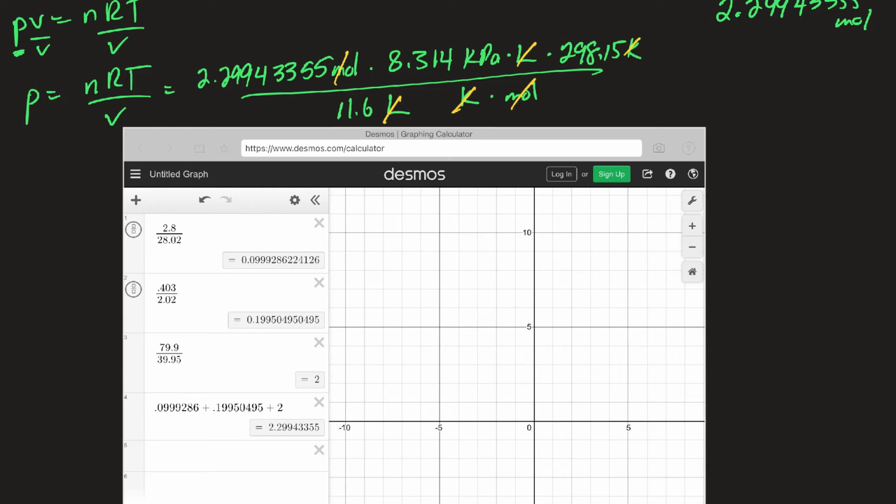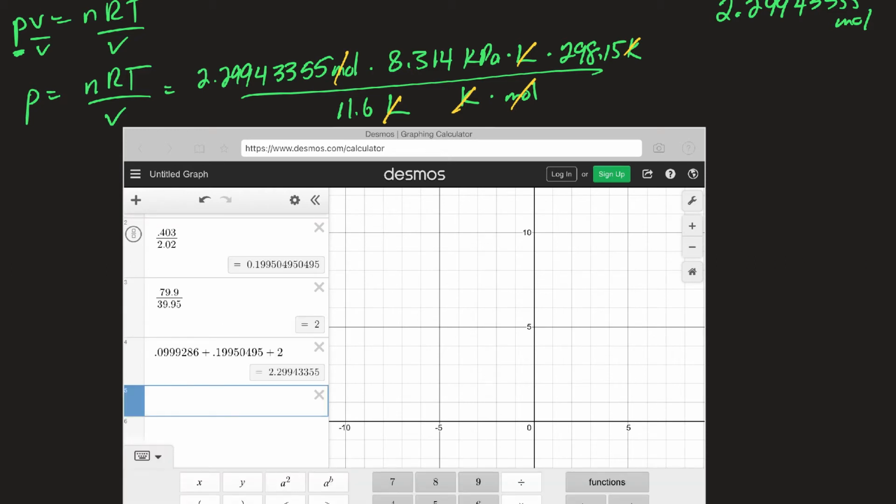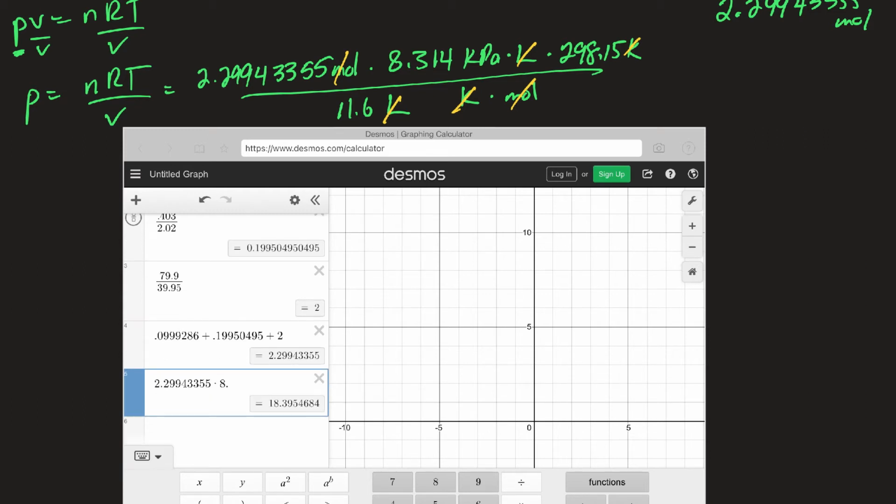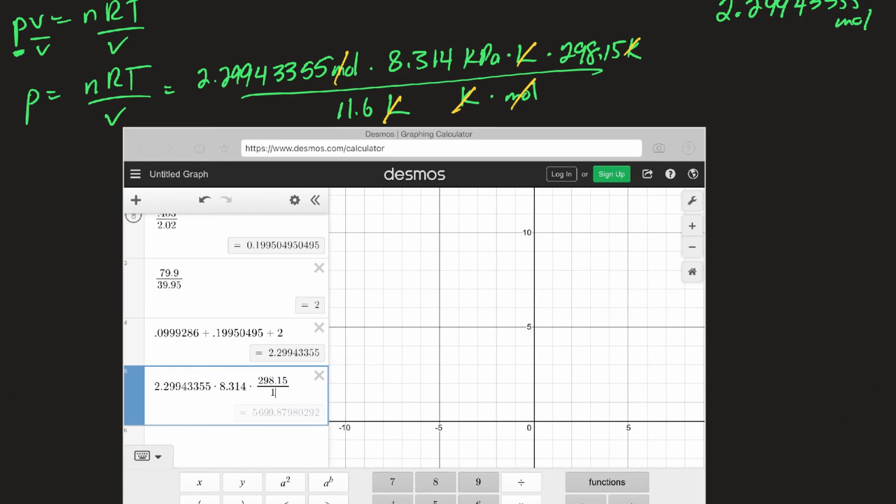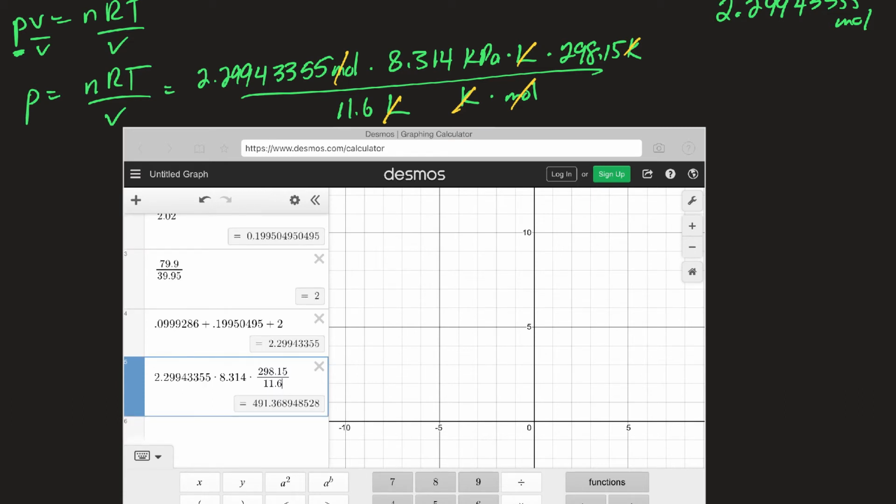Here we go. 2.2943355 times 8.314 times 298.15, divided by 11.6. 491.